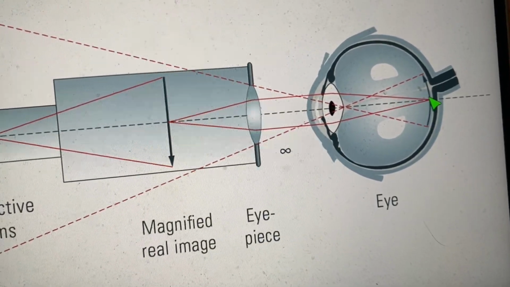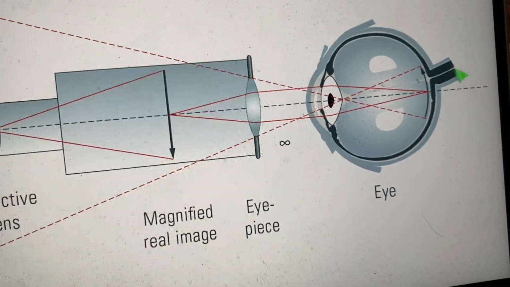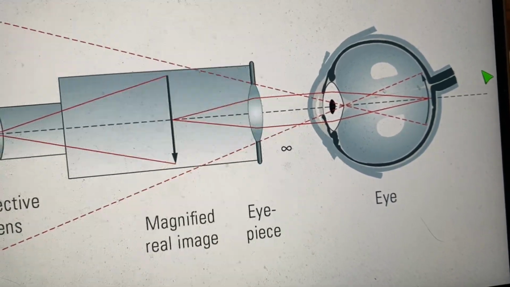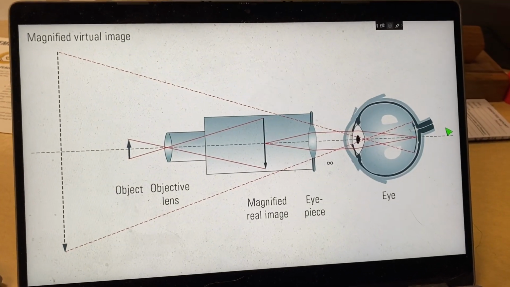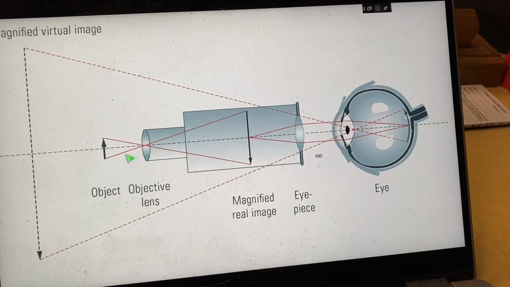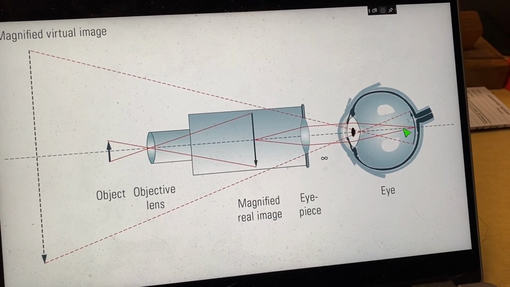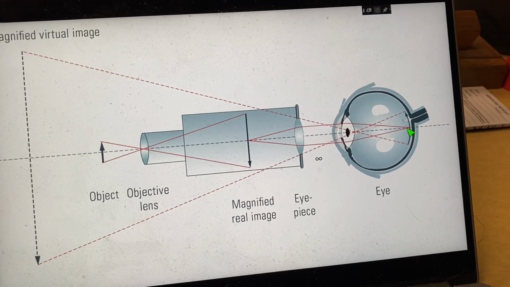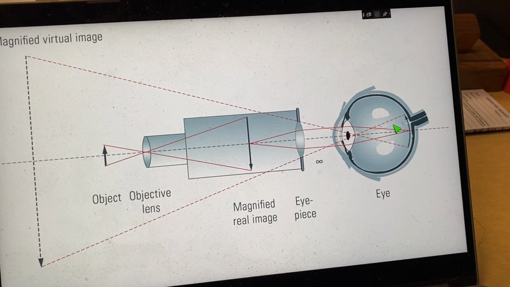Then those cells send nervous signals down your optic nerve to the occipital lobe at the back of your brain. During this time, the object gets flipped, inverted, so things look upside down, and then your brain recalibrates or rights that image.